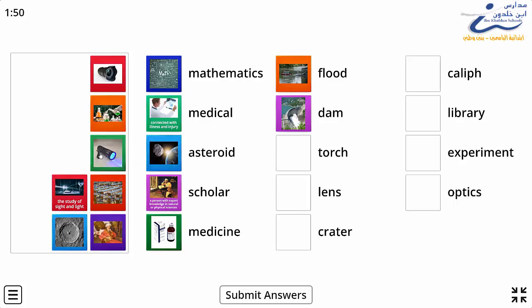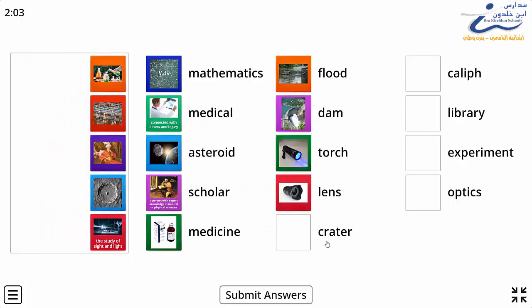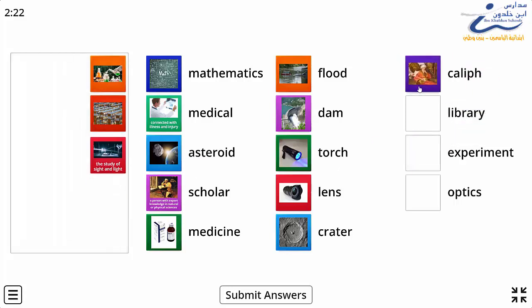Lens. Crater. Great. This is a crater. Caliph.